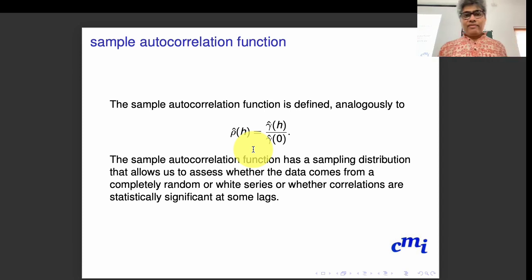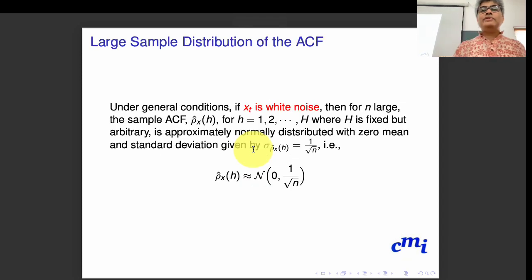So what we have is a large sample approximation of the distribution of the ACF, and one special case of that approximation is if xt is white noise. Okay, xt does not have any information, all the xt's are independent, normal, 0, sigma square.